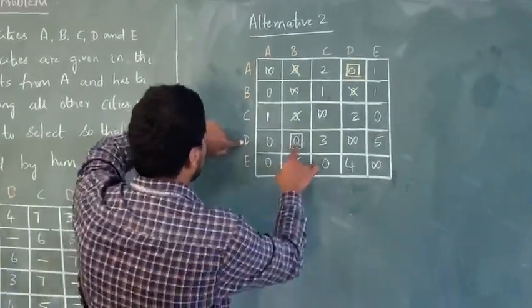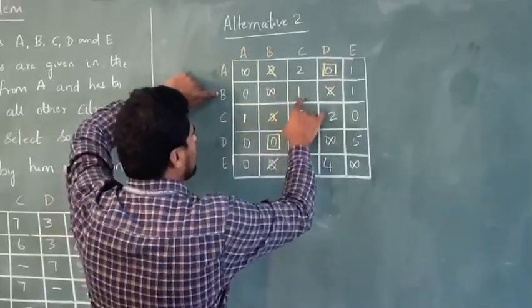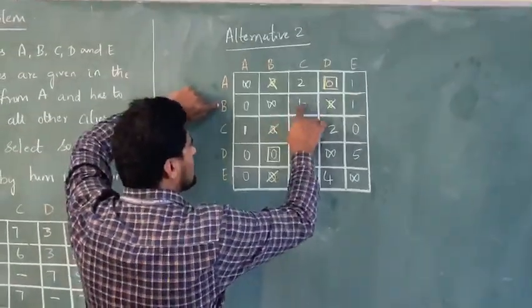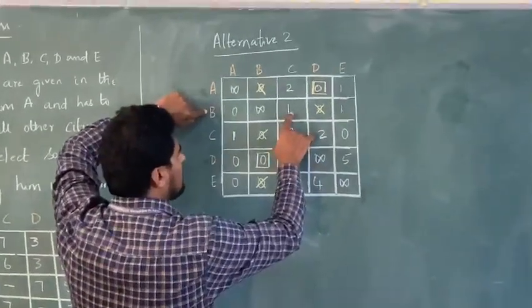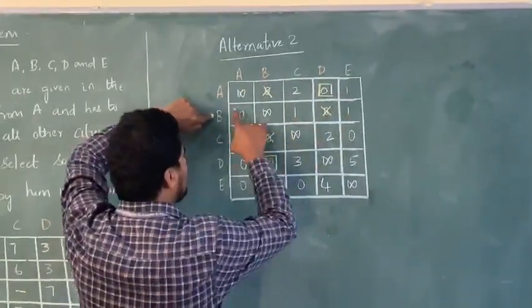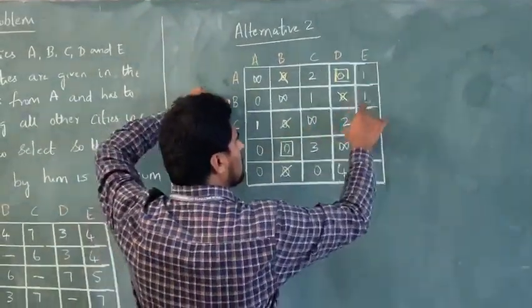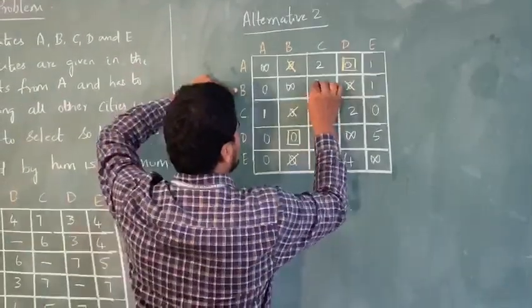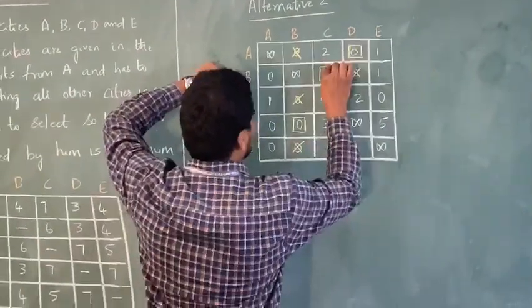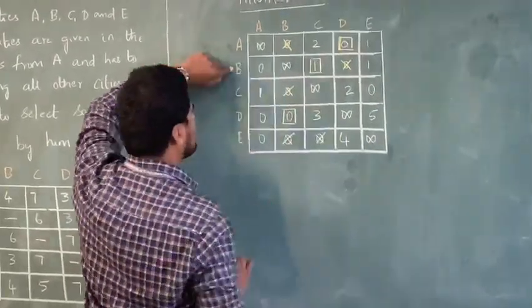Now from city B, I can't go to city A, but I can go to city C or city E, because the least is 1. If I assign to C, I'll strike off this 0.